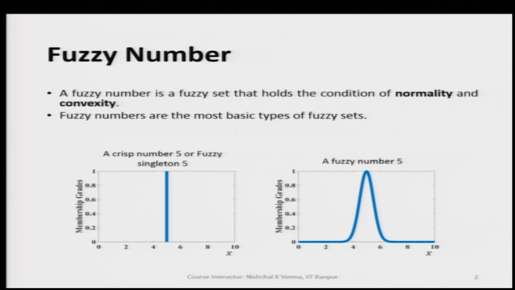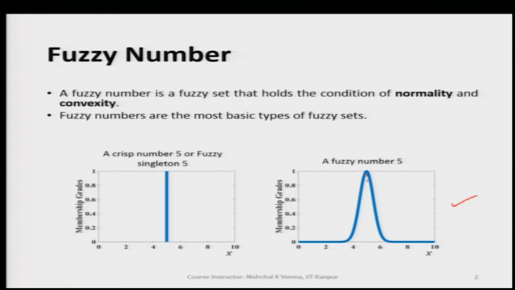All the fuzzy numbers are the most basic types of fuzzy sets. So, here on the right side of this diagram we have a plot of a fuzzy number, which we call fuzzy number 5.